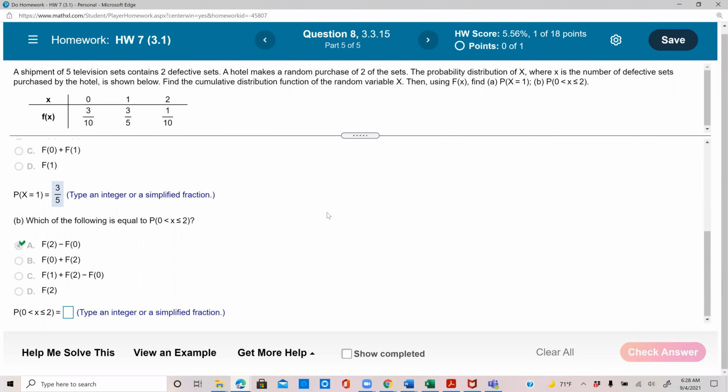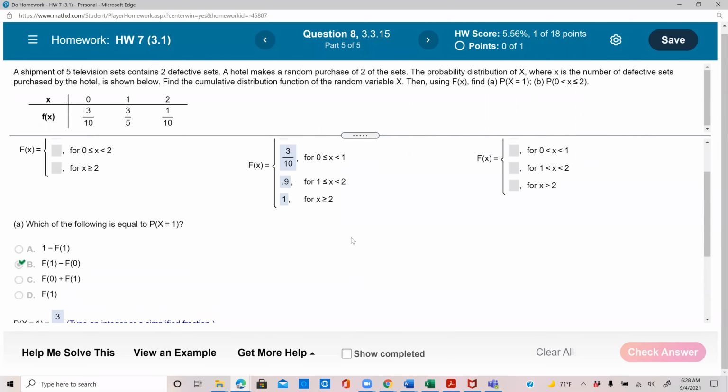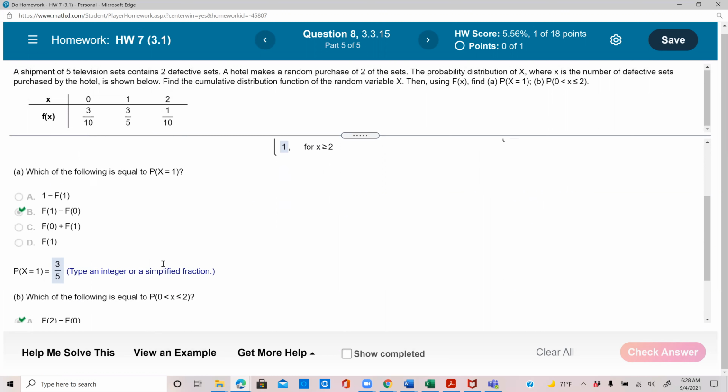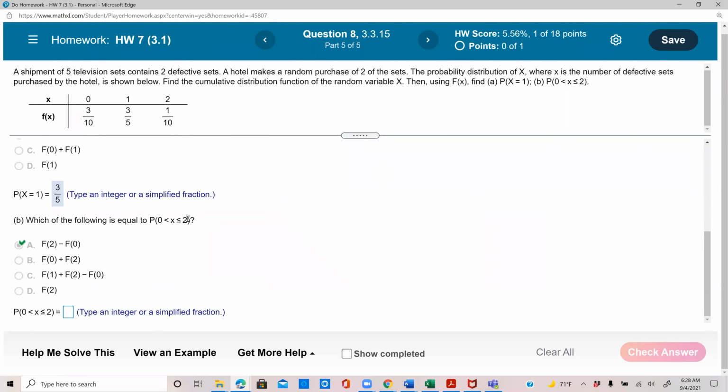Okay, and now we know that's F of 2 minus F of 0, so you can look either from this column or you can look from here also. So when they say greater than 0 and less than or equal to 2, you don't want the 0, you just want everything between 0 but bigger than 0 and less than or equal to 2.